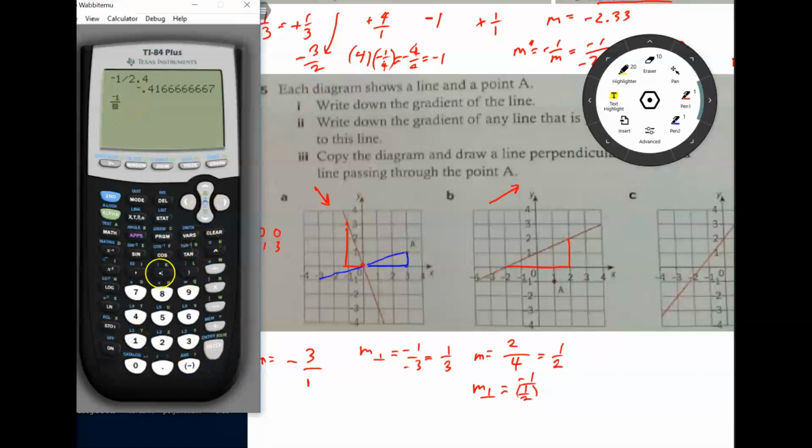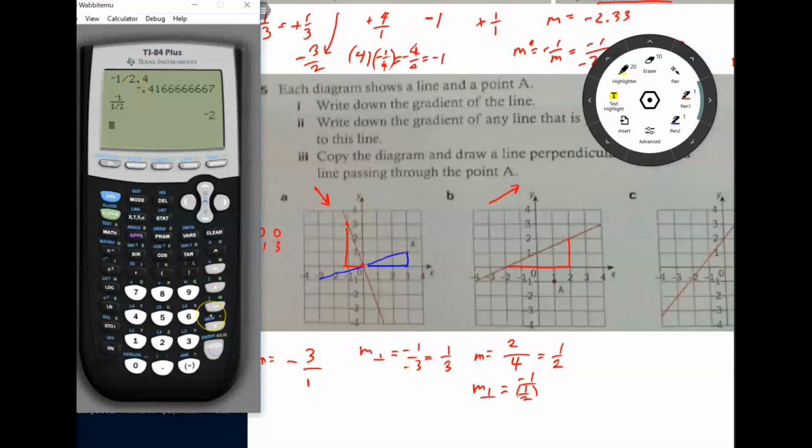I could put 0.5, which makes it a little bit easier to understand, or I'm going to put parentheses 1 divided by 2. And actually, I don't even need parentheses here because a vertical fraction doesn't require you to put parentheses. So I could just put 1 divided by 2. The top parentheses and the bottom parentheses are understood because this is a vertical fraction.